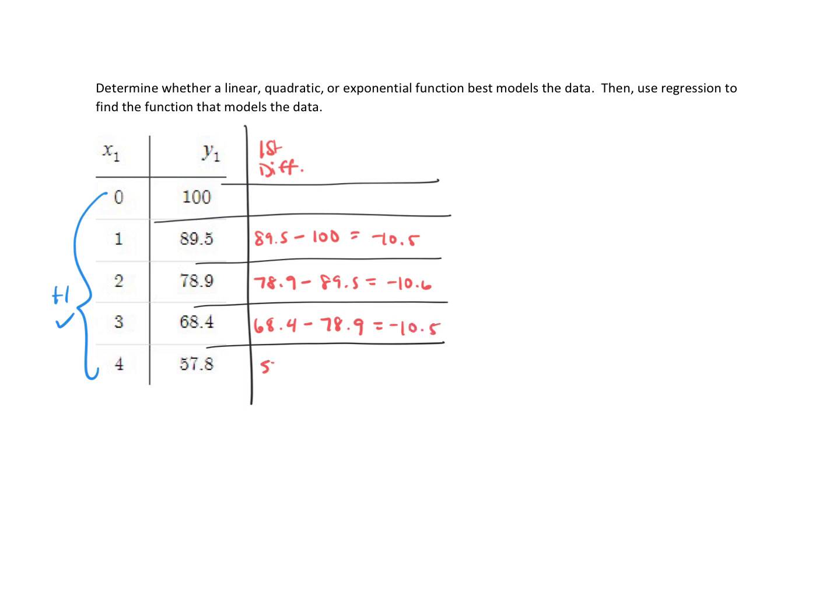And then our 57.8 minus 68.4, we get negative 10.6. So here's another example where the differences are roughly constant. So we're going to go with that.